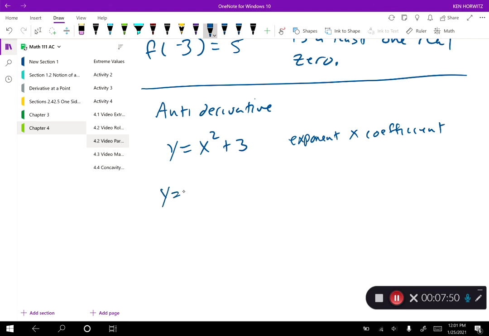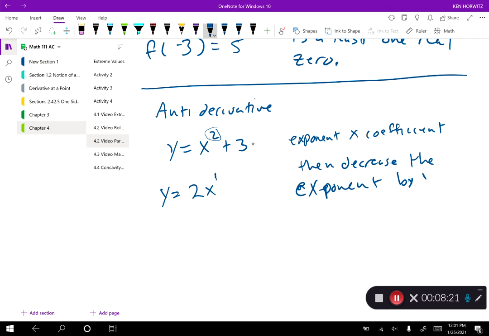So I have y equals 2 times 1 is 2, x, then decrease the exponent by 1. All right. So I do 2 times 1 is 2, x, I decrease my exponent by 1, so it's 2x to the first.